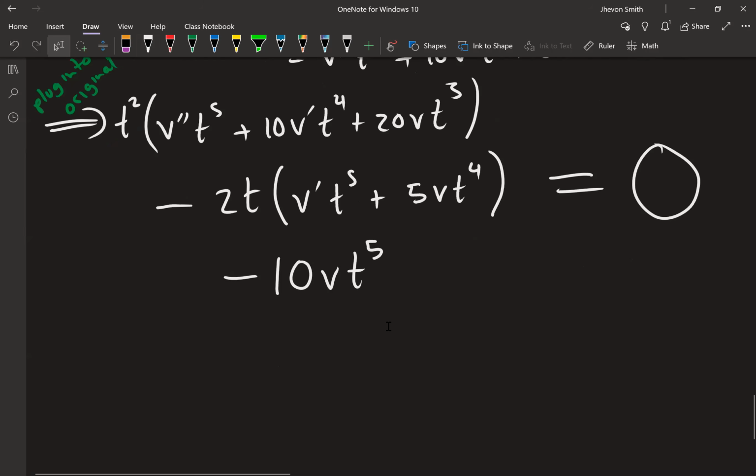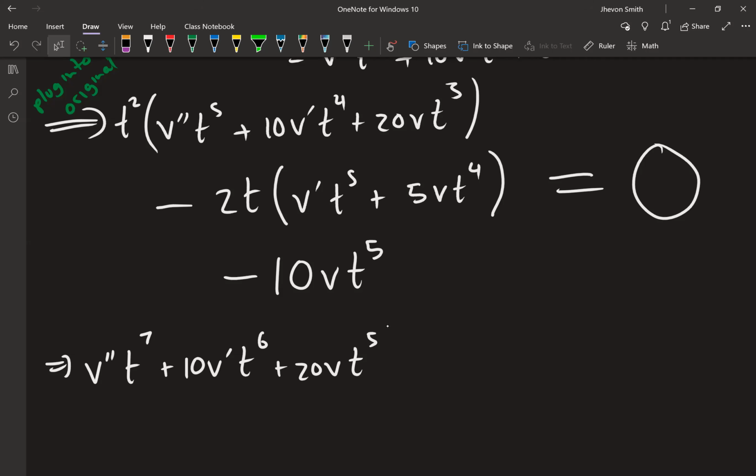So now let's actually combine terms and see what this looks like. So this looks like v double prime t to the seventh plus 10v prime t to the sixth plus 20v t to the fifth minus 2v prime t to the sixth minus 10v t to the fifth minus 10v t to the fifth equals 0.